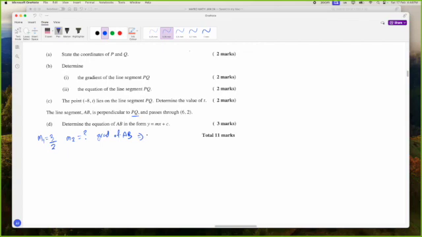That'll be 3 on 2 multiplied by what will give me minus 1? Minus 2 over 3. Yep. Flip it and put a minus sign in front. All right, these will cancel, these will cancel. So therefore, M2 is minus 2 over 3.